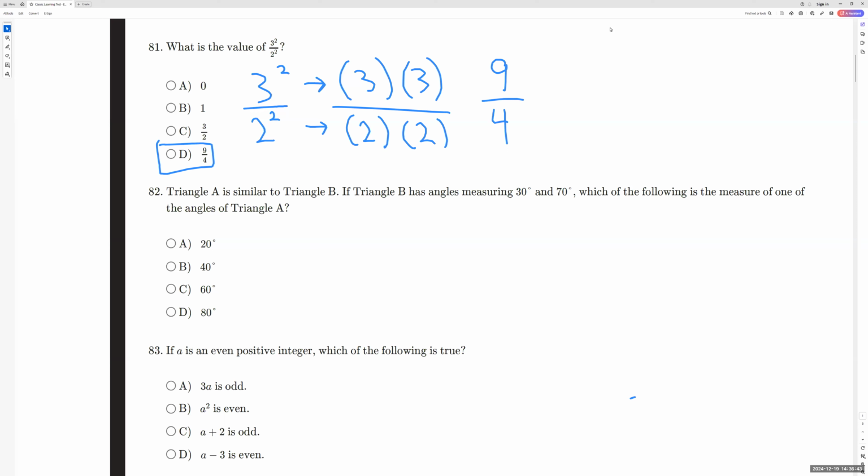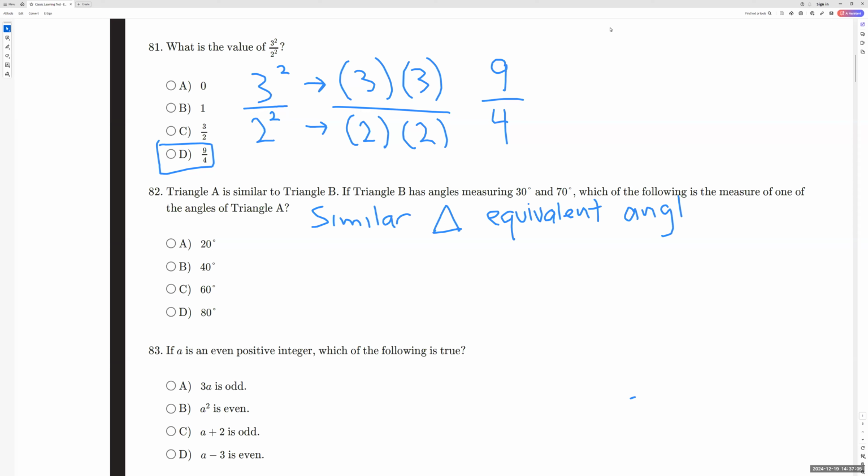82, triangle A is similar to triangle B. Now, similar triangles have equivalent, or the same, measurement of their angles.